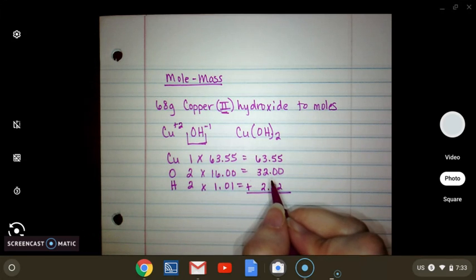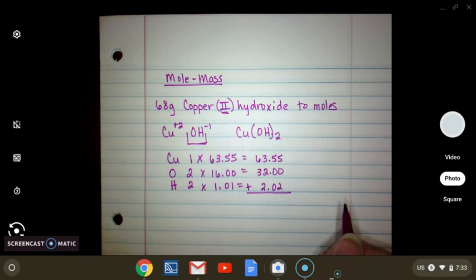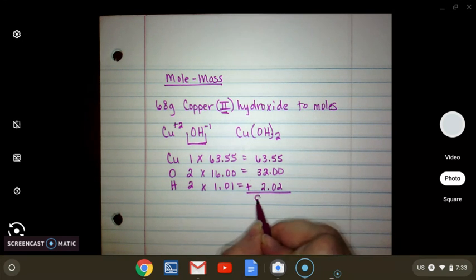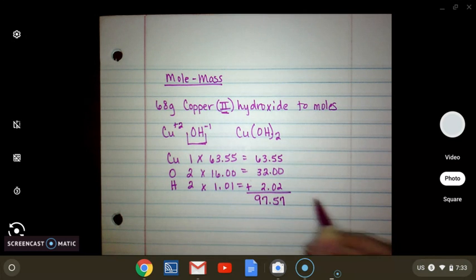And then you're going to add them together. And you get 97.57 grams per mole Cu(OH)2.